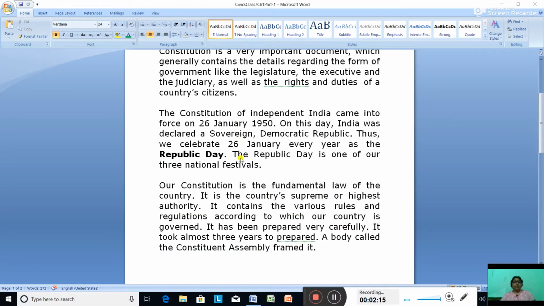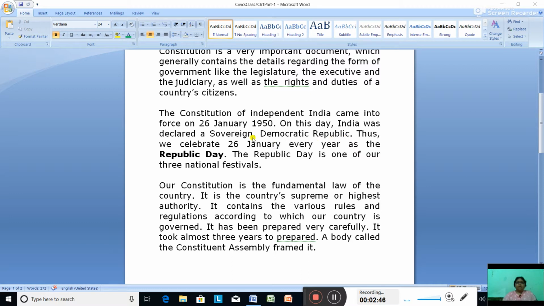The next thing which you have to know is that the constitution of independent India came into force on 26 January 1950. On this day India was declared a sovereign nation, a democratic nation and a republic nation.